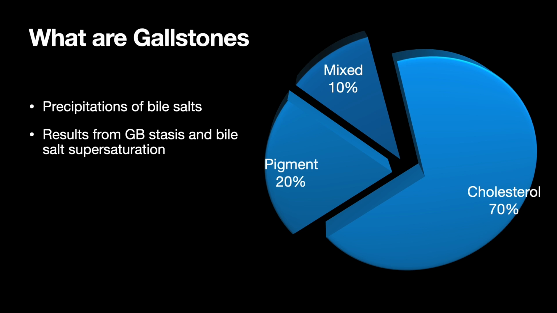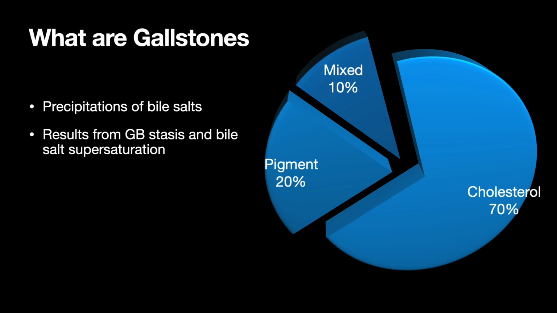This often results from stasis of the bile, or sludge and things like that, and they can accumulate. Most of them are going to be cholesterol stones, some are going to be pigmented stones, and then there's a mixed picture. I was doing some cursory looking this week: is there a way of identifying which is which sonographically?